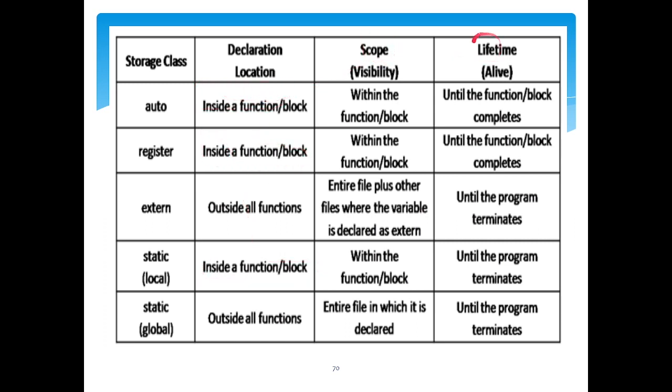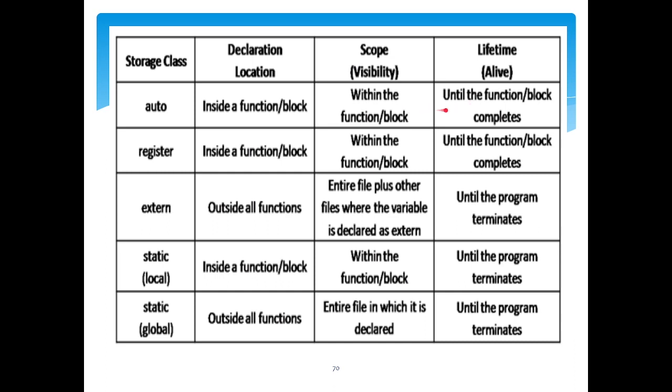What is the scope and lifetime for these? Scope is nothing but visibility, and lifetime is till what time they are alive. Auto is visible within the function or block, and its lifetime is until that block or function completes.